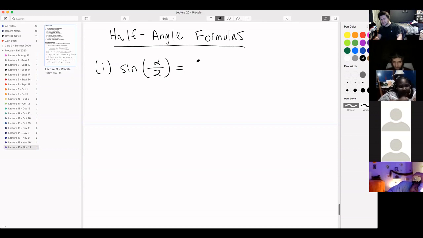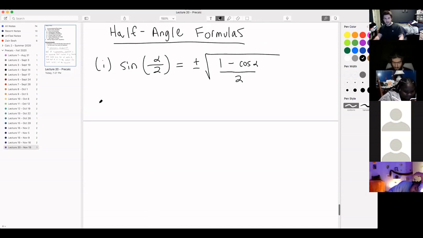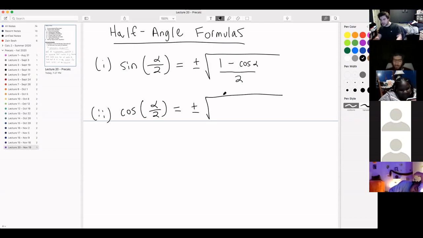This is equal to plus minus the square root of 1 minus cosine of alpha over 2. Okay, and we have the second one for cosine. Cosine of alpha over 2 is plus minus the big square root of 1 plus cosine alpha over 2.